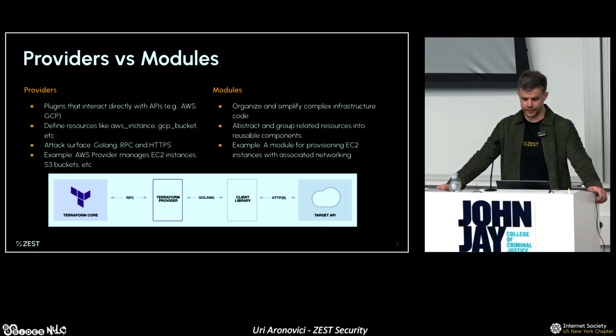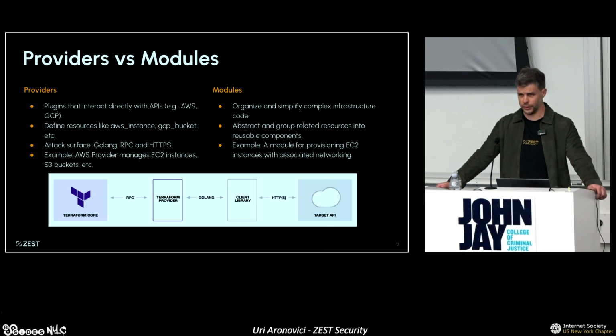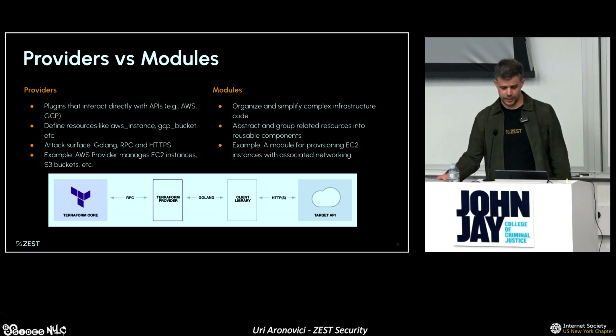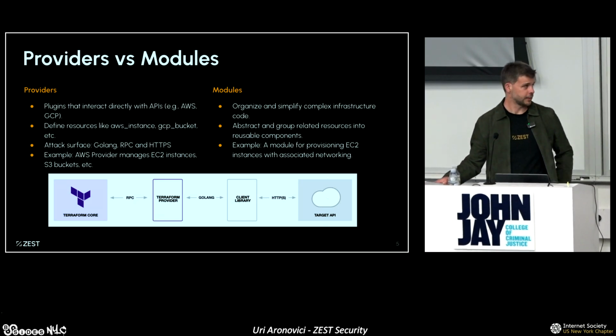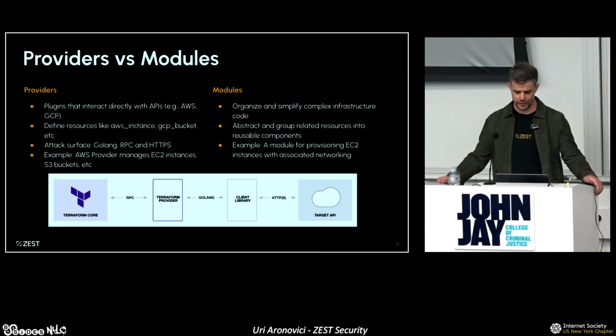Another interesting part is the attack surface for providers. Each provider is written in the Go language, and they communicate with Terraform core via RPC, and with the target via HTTPS, which makes the attack surface very huge. And all of us know that each one of these components has so many vulnerabilities that we need to take care of.